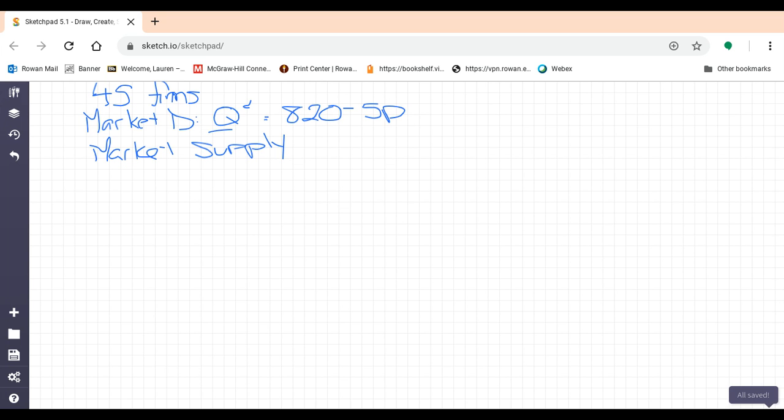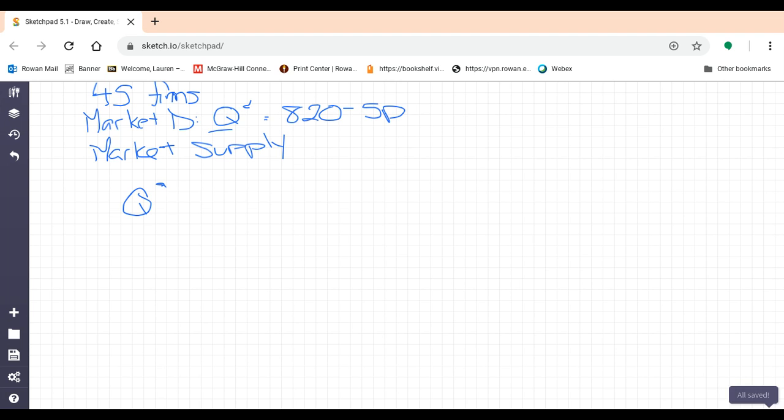What we're going to do is take the firm supply that we had in the other video and multiply the parts on the right-hand side that have an equation or 0 by 45, the number of firms. So it's going to look like something like this.